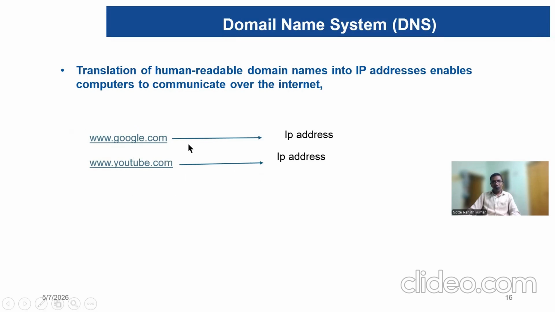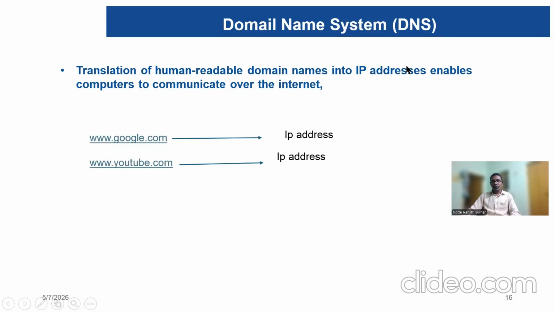So this part is for our purpose, but internally that is converted into the IP address. Based on the IP address only, these sites are going to be identified. So this conversion from human readable names to IP addresses and vice versa is done by the domain name system server. Now I will show you how to simulate this domain name system using a Cisco Packet Tracer.